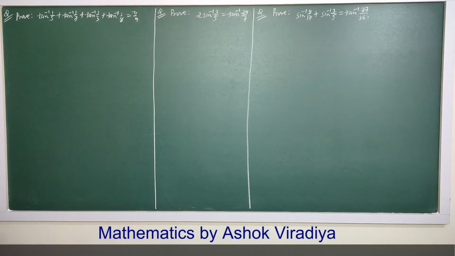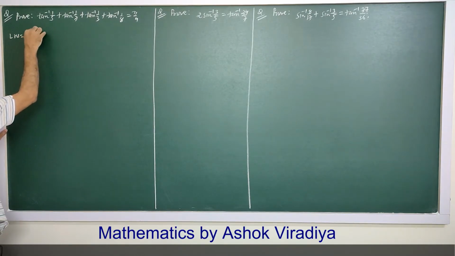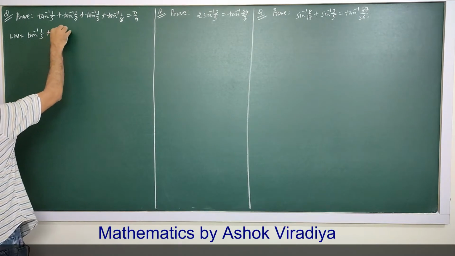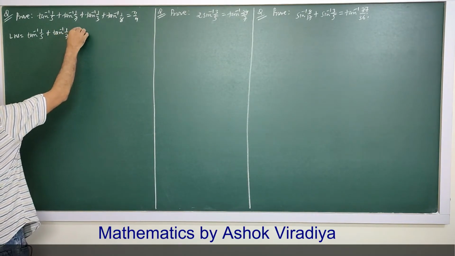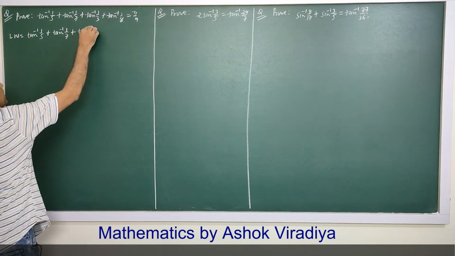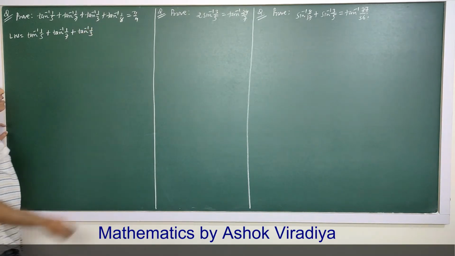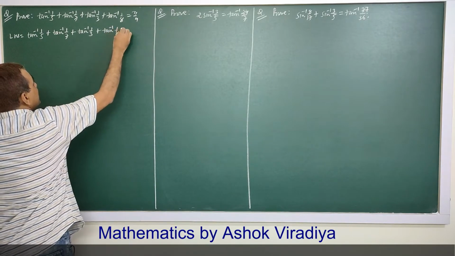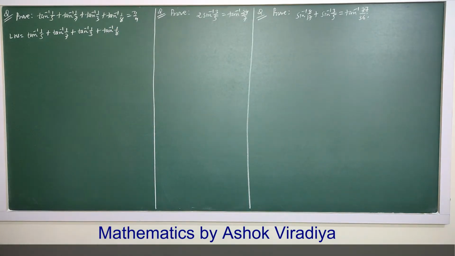Now to prove this question, beginning from the left hand side, it is tan inverse 1 by 5 plus tan inverse 1 by 7 plus tan inverse 1 by 3 plus tan inverse 1 by 8. There are 4 numbers.